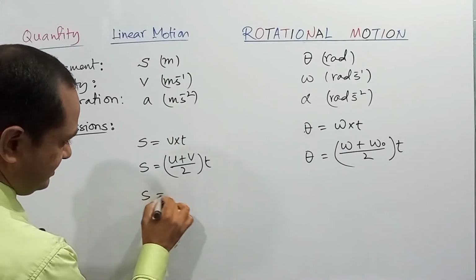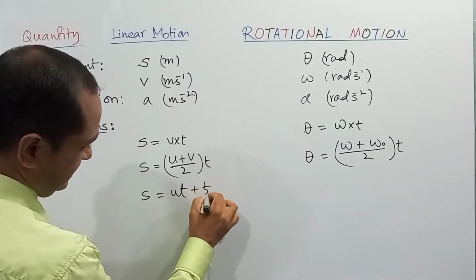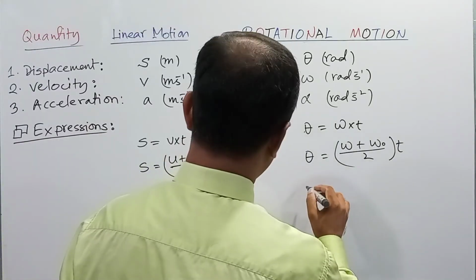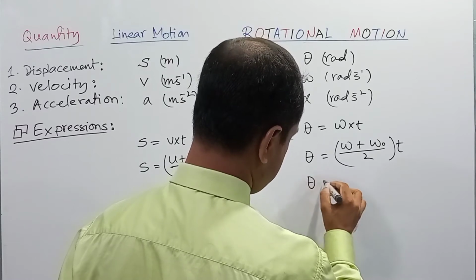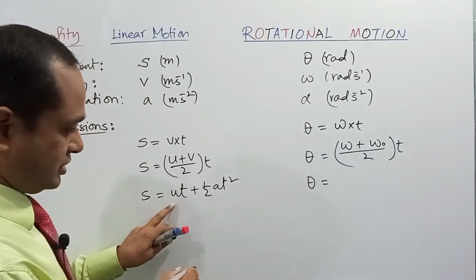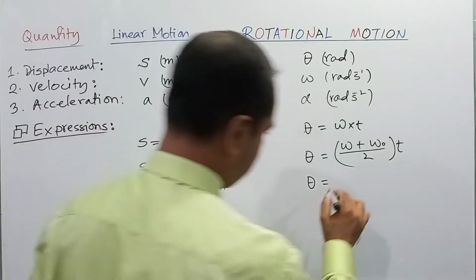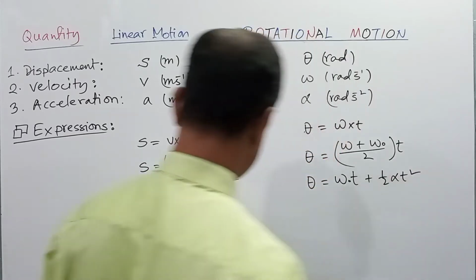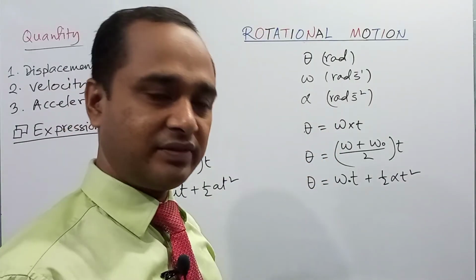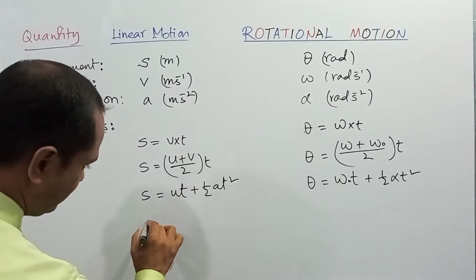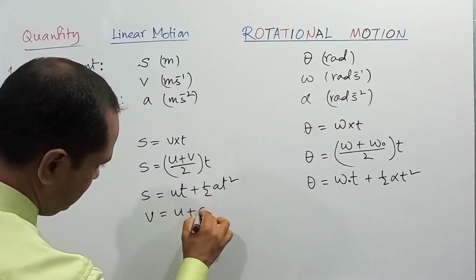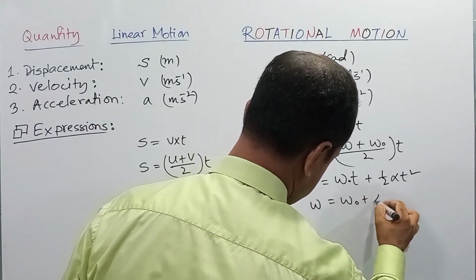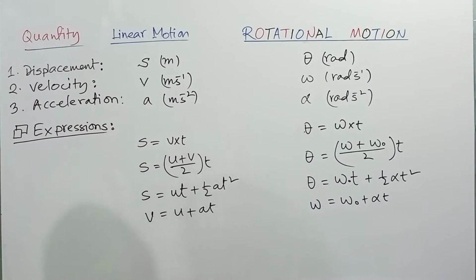Again, S is equal to ut plus half a T square. So in the case of rotational motion, theta will be omega naught, that is the initial velocity, multiplied by time, plus half alpha T square. Again, V is equal to u plus a T; here omega is equal to omega naught plus alpha T, right?